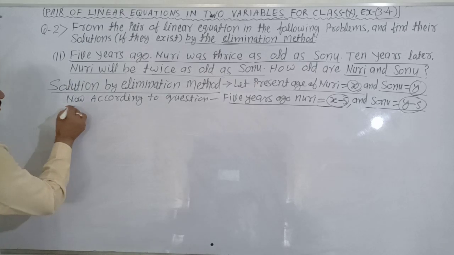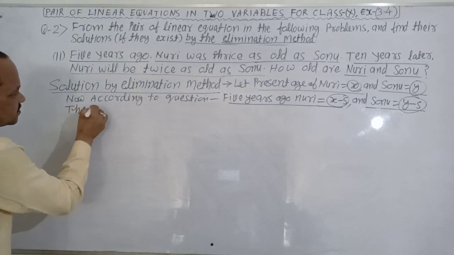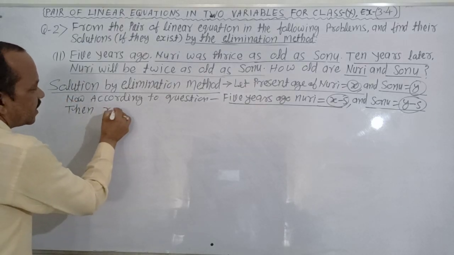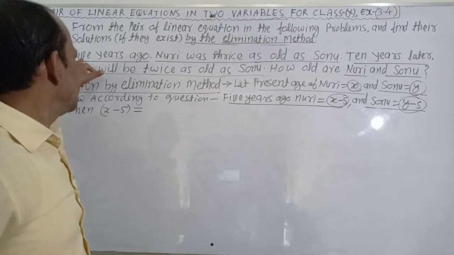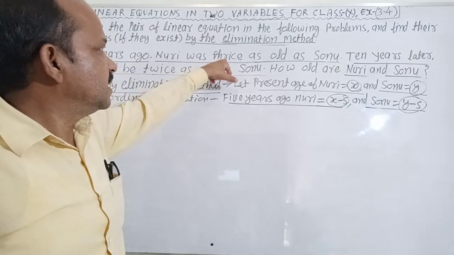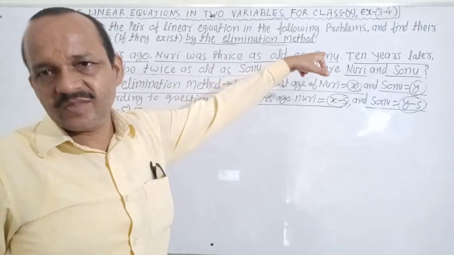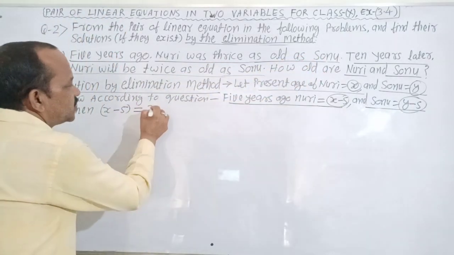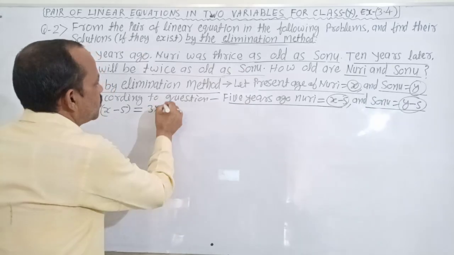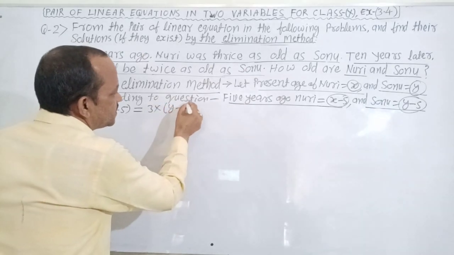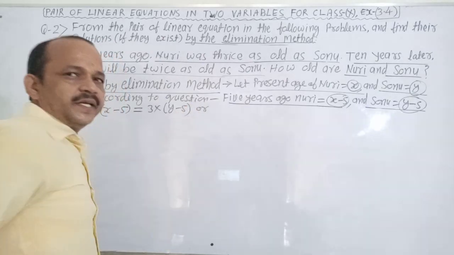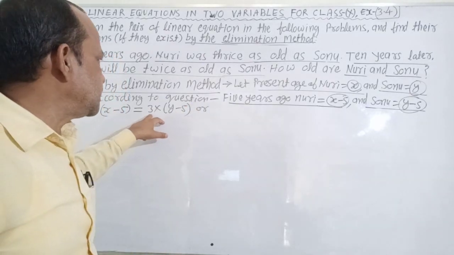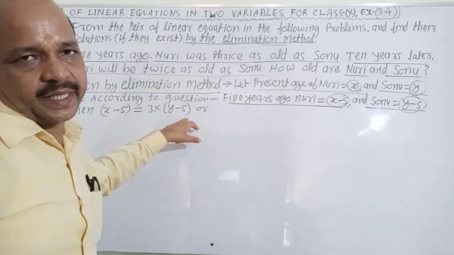Then x minus 5 equal to, here 5 years ago Nuri was thrice as old as Sonu, 3 multiply y minus 5. Here you can multiply 3 and y, 3 and minus 5.